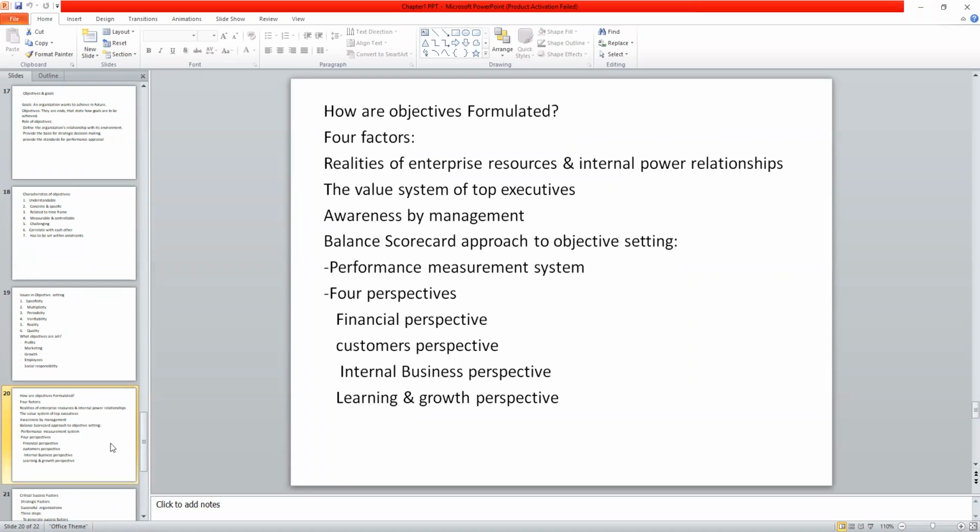If we consider the customer's point of view, how the customer perceives, whether they are satisfied, whether they are dissatisfied, it's very much of importance.